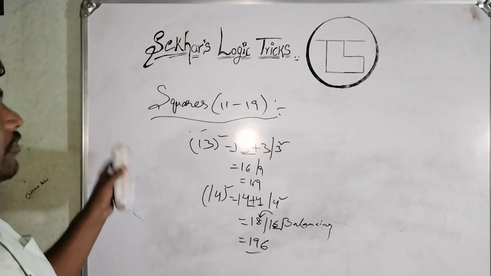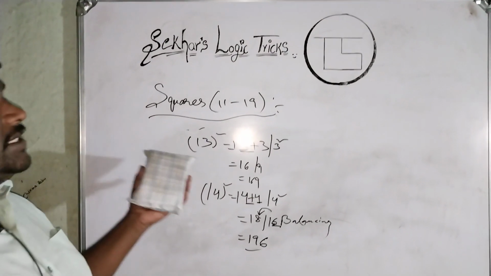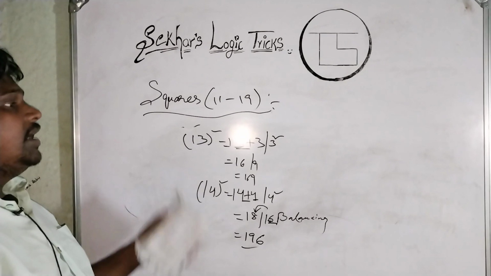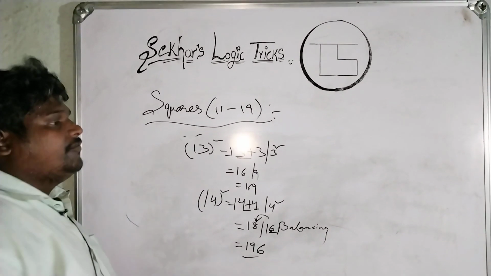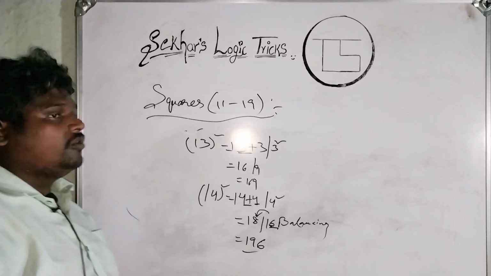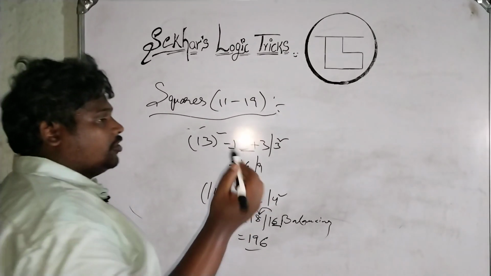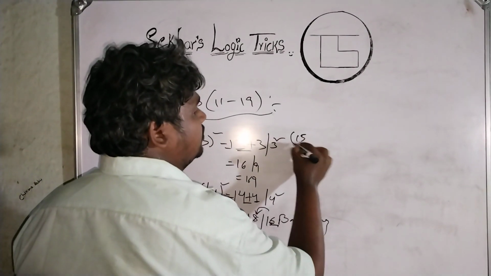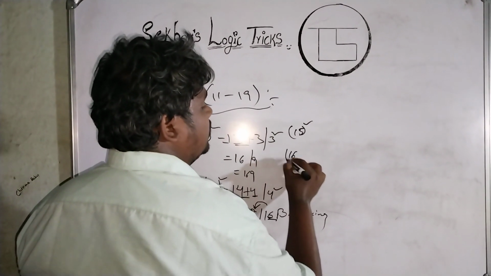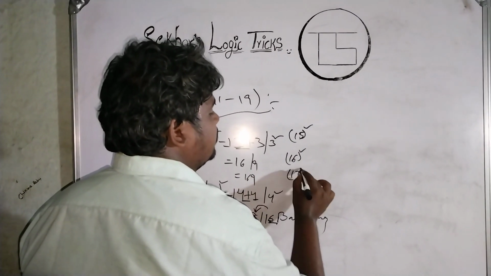Like this we can find 15, 16 and 17 squares very easily in this way. Try 15 square, 16 square and 17 square for yourself.